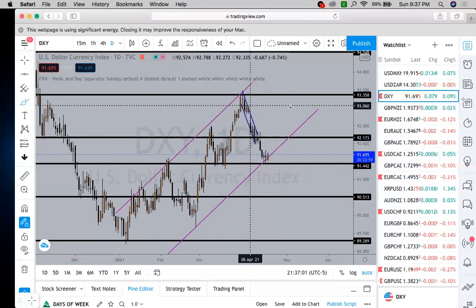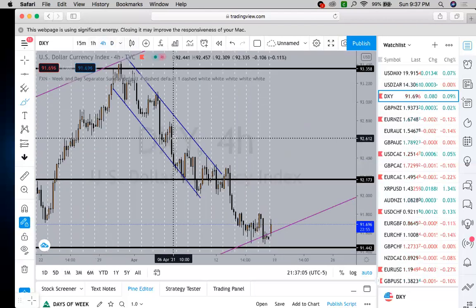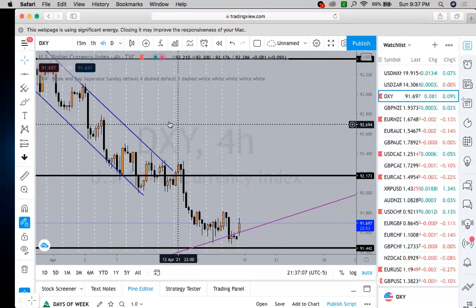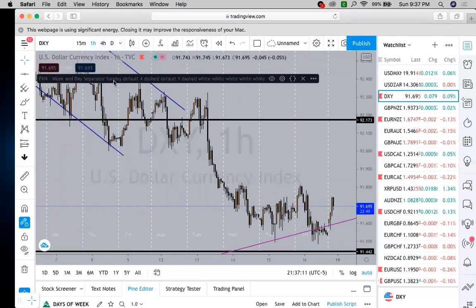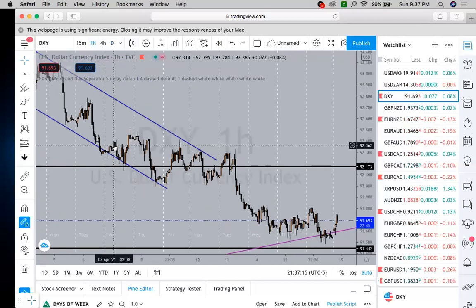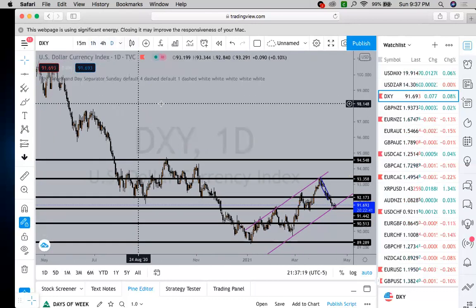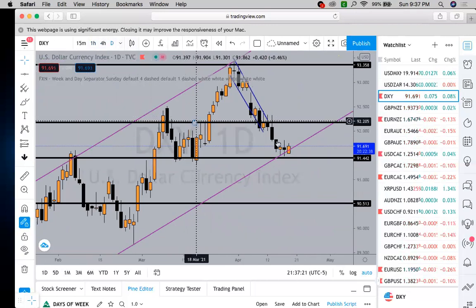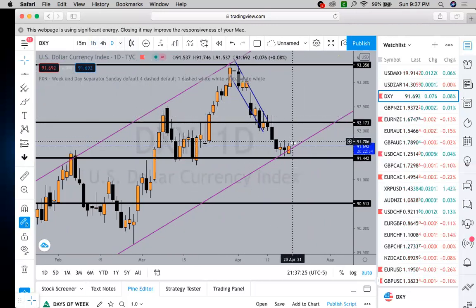You got to remember now we're on a daily. So if we go to the 4 hour, this little area right here, what do we see? Downtrend. Even in the 1 hour, look at this, you see a strong downtrend, right? Now that push is going to come up and then reverse.